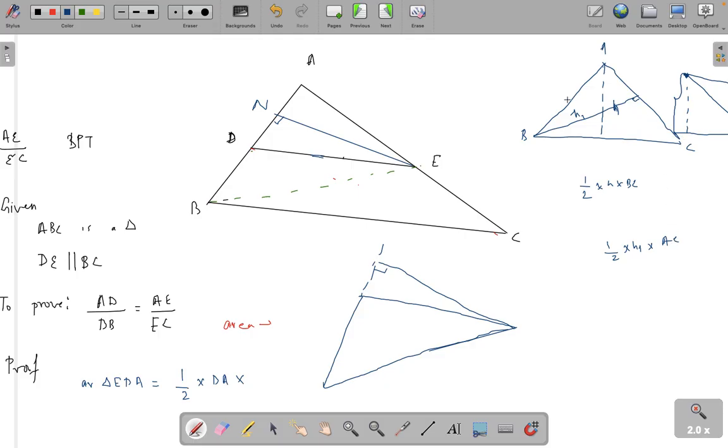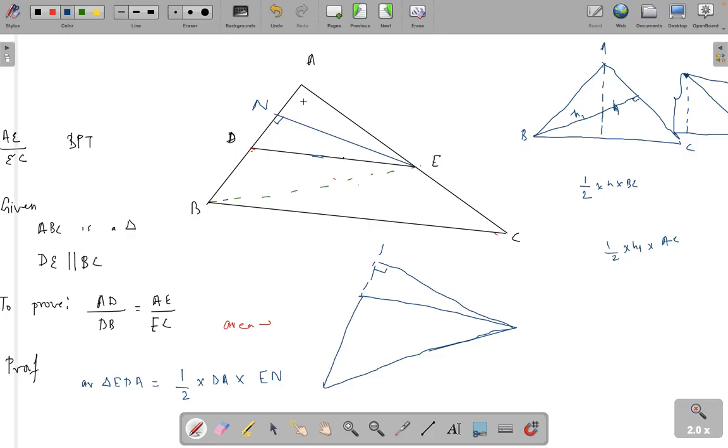If you know this height, you'll write half times h2 times AB. So the base changes based on what you choose as height. Is this clear? Yes, sir. So this will be half times DA times EN, right?